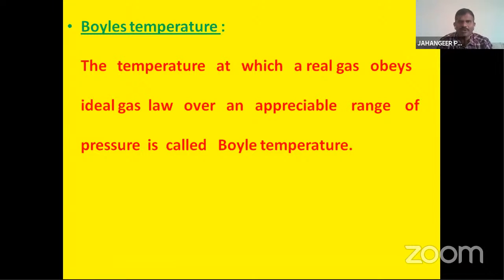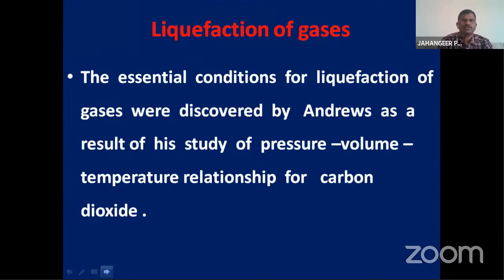So at a particular temperature, real gases behave like ideal gases. Previously I showed you a graph where the real gas curve and ideal gas curve merge at low pressure, and temperature is also important. That particular temperature is known as Boyle's temperature.